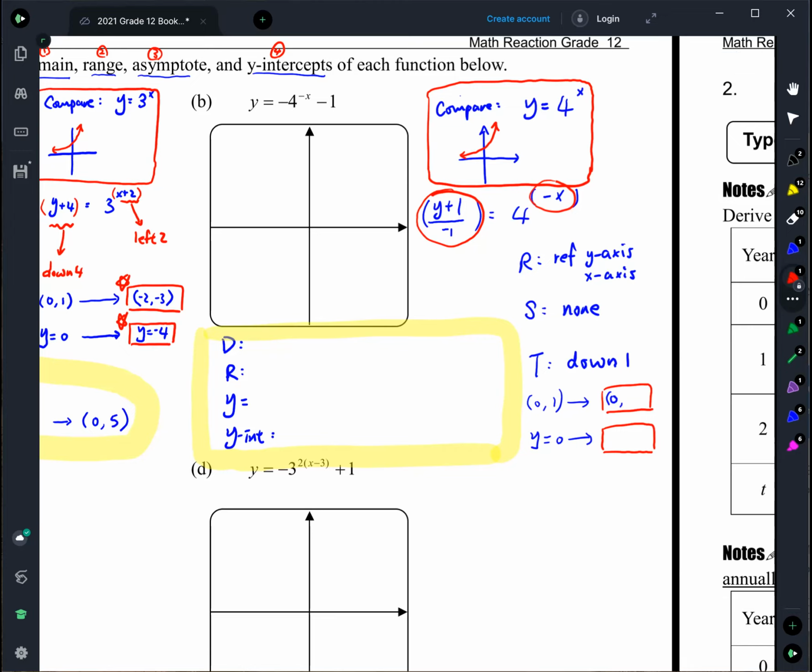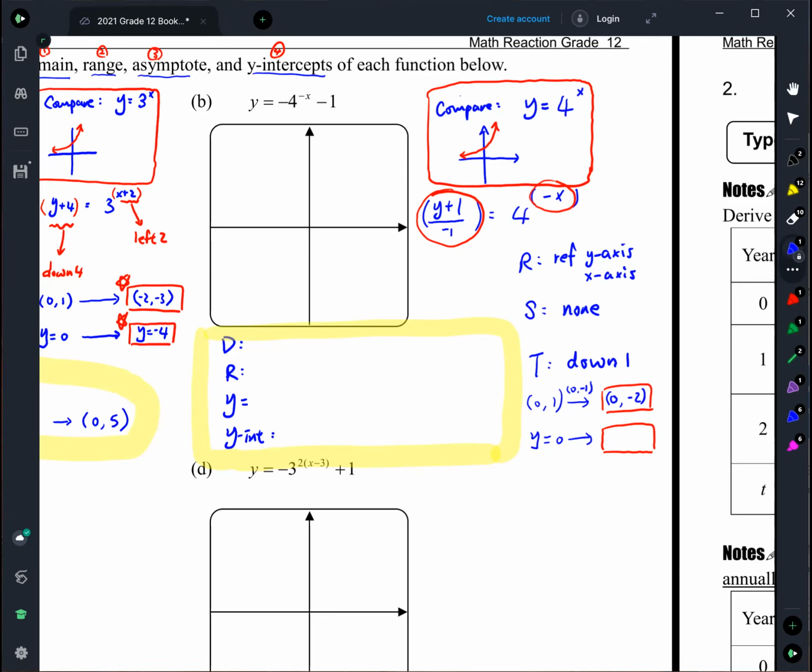So -1, you subtract 1. So that will give you -2. Okay, so first it will change it to 0, -1, and then change it to 0, -2. Okay, so it has two things happening: a reflection on both x and y, and then moving down.